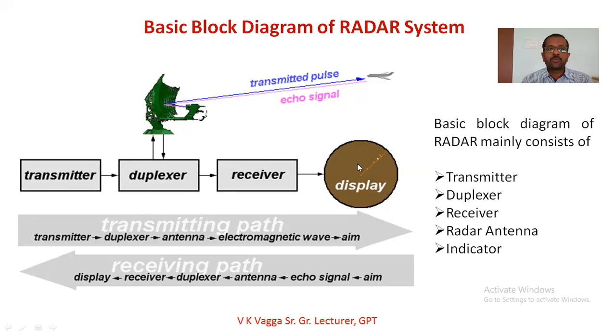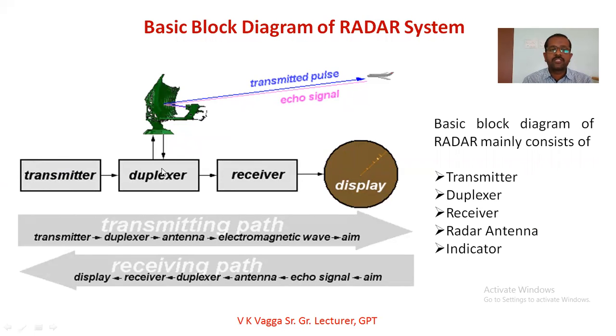If you take the cathode ray tube, or the LCD display, all of those act as an indicator here. Okay, and its working principle is very easy here. The transmitter radiates the high frequency, radio frequency signal, and it is passed to the duplexer here.